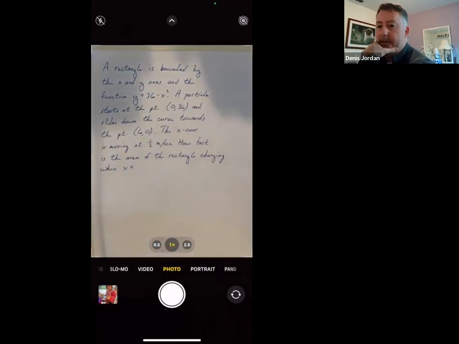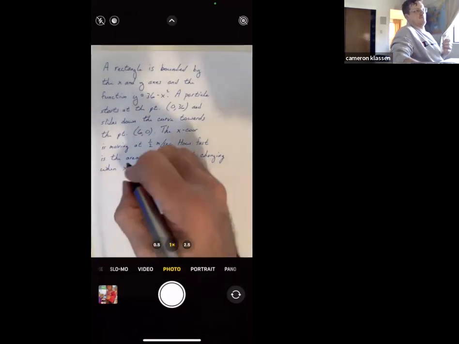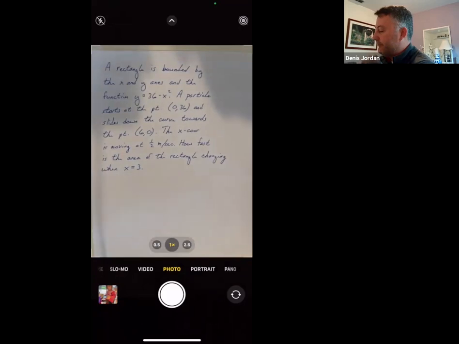When x is equal to, let's see, Cameron, give me any number between 1 and 5. 3. 3. Okay. All right, I'll give you a second to either write it down or think about it for a moment.